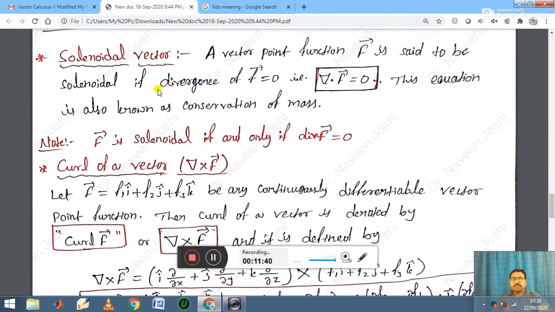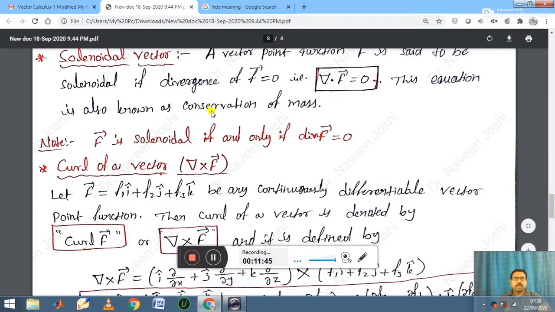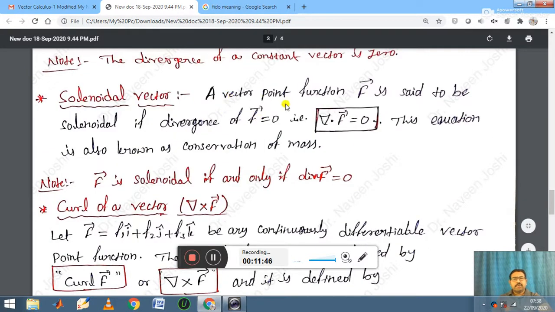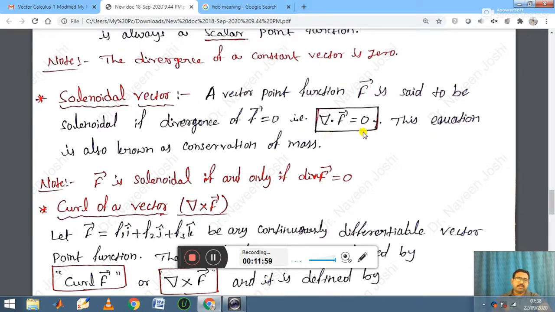Next we go with the definition of solenoidal. A vector point function f bar is said to be solenoidal if the divergence of f equals 0. That is, if the dot product of the differential operator and the vector f equals 0, then it is known as solenoidal, and it is also known as conservation of mass.